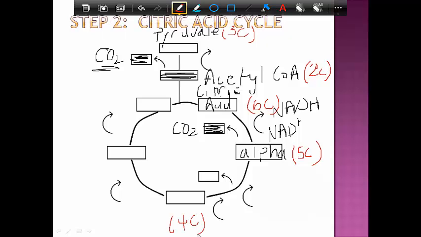So that's what this rectangle represents. The name of that 4-carbon molecule is succinic acid, S-U-C-C-I-N-I-C. Succinic acid. So that goes in this box right here. Again, to go from 5 carbons to 4 carbons, we lose a carbon to carbon dioxide. So that's what this box right there is, CO2.